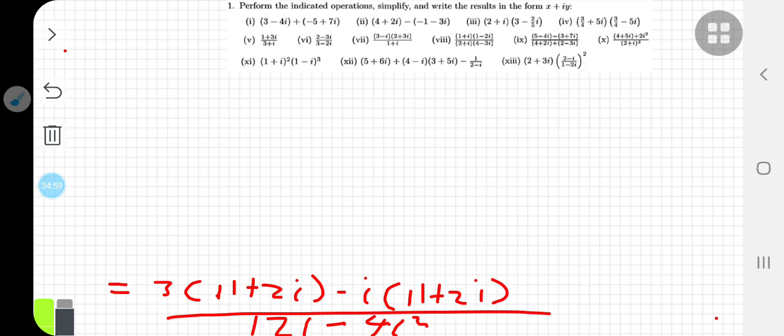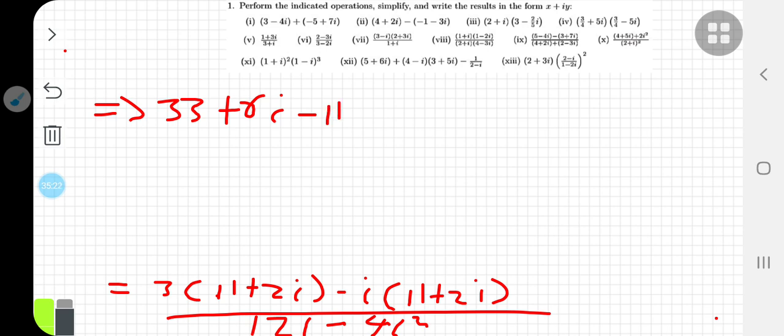Just the matter of saying now, when I multiply 3 times 11, I'm going to have 33, then plus 6i there, then minus, what am I going to have here?